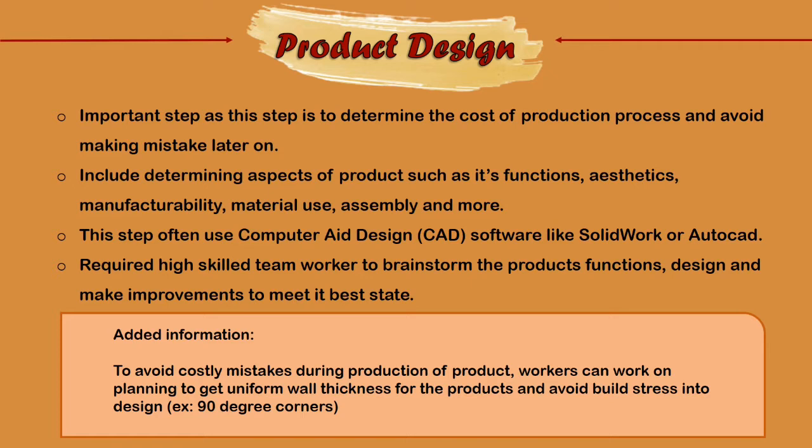Also, planning how the whole process happens is done here to avoid silly mistakes that can affect the manufacturing process. In this step, the details of the product such as its function, aesthetics, and many more are discussed and determined. This process mainly uses computer-aided design such as SolidWorks or AutoCAD, while the workers involved are a highly skilled team.